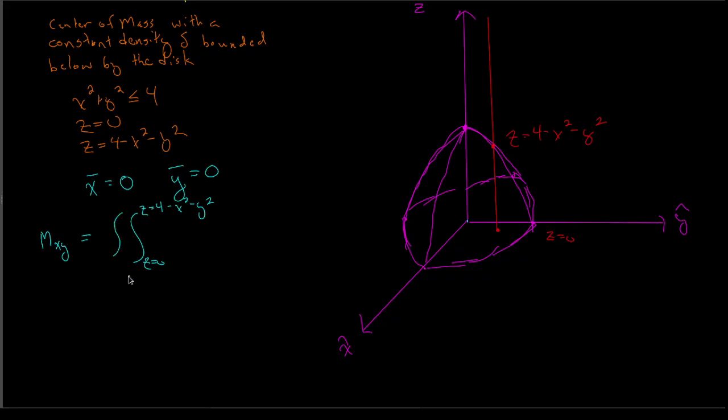And now if I look at what's happening within my y direction, y is circular. And so I could change this to a radial and a theta.